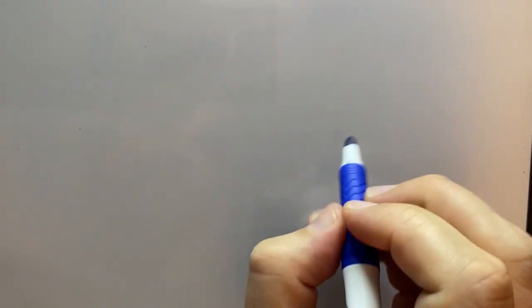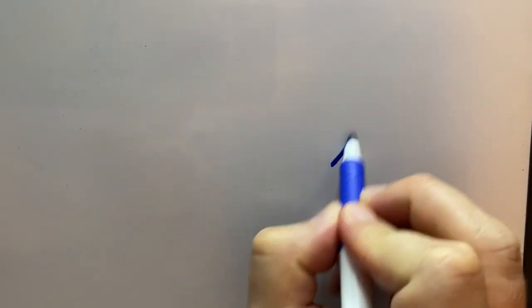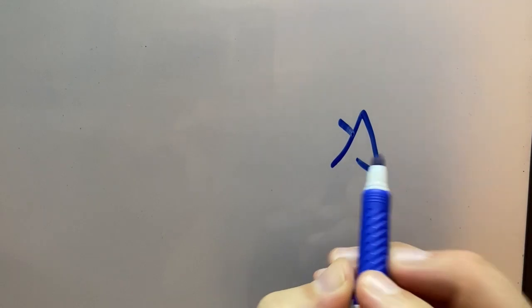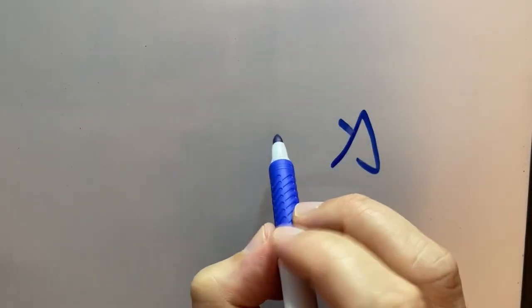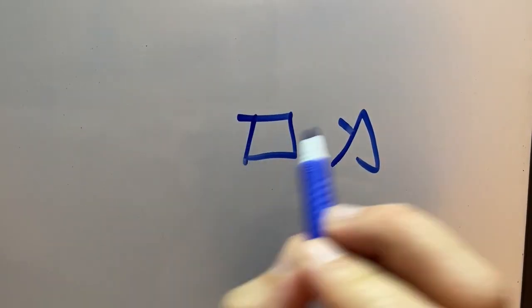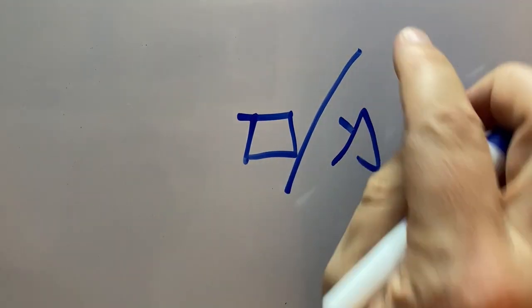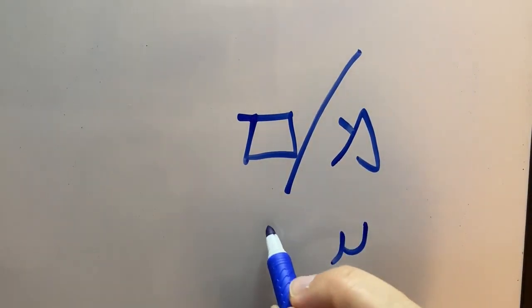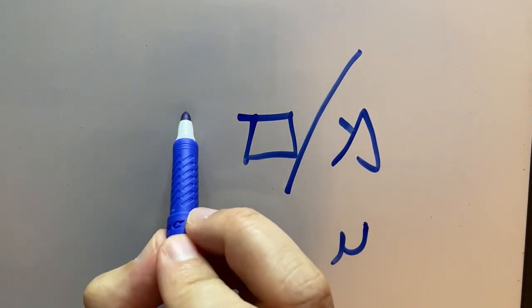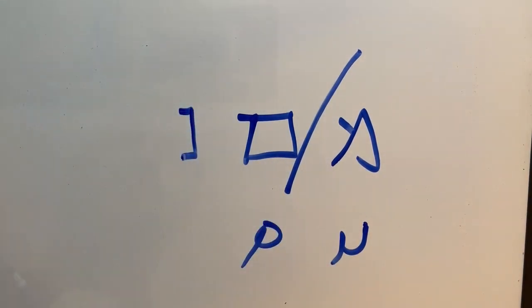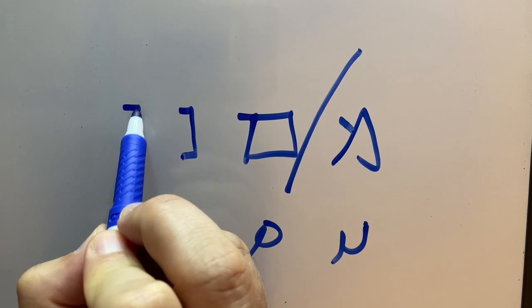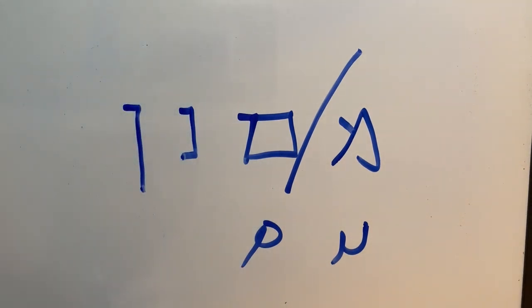Let's go ahead and do Mem again, just to make sure we get it right. Mem, initial medial, then final Mem. It's going to be like this. Nun, initial medial, like so. Final, below the line. Pretty much the same.